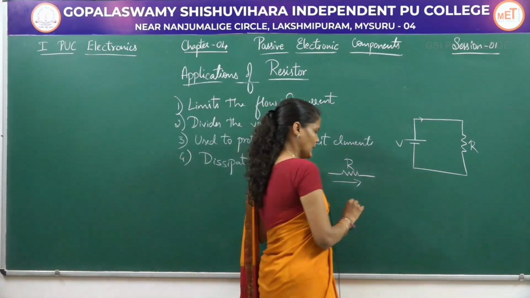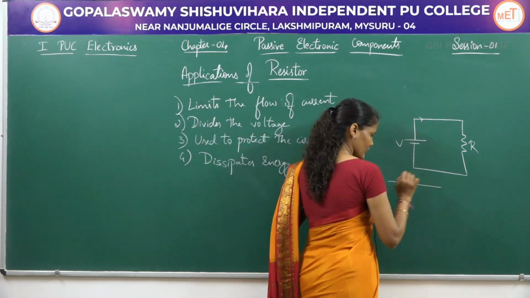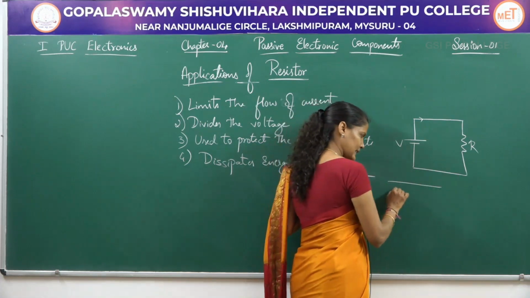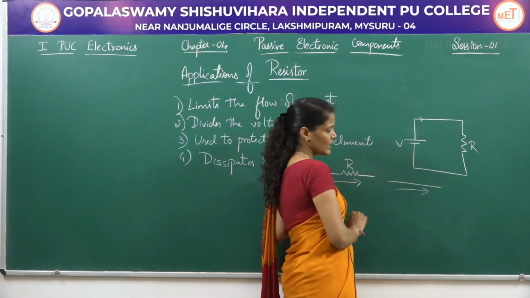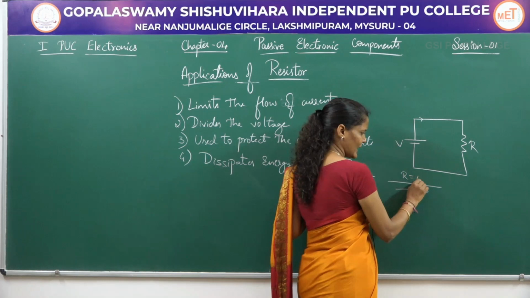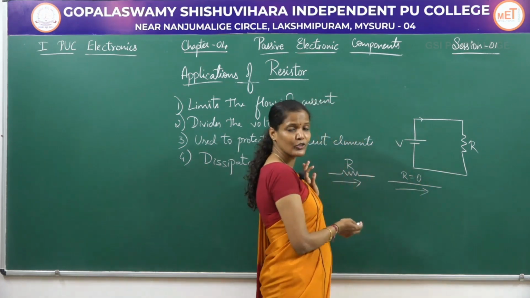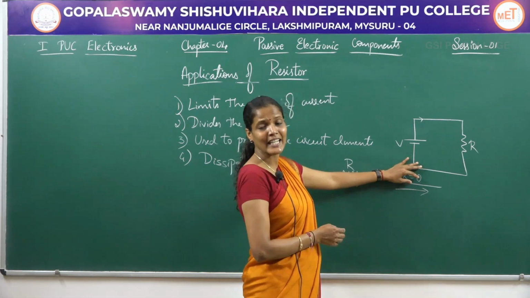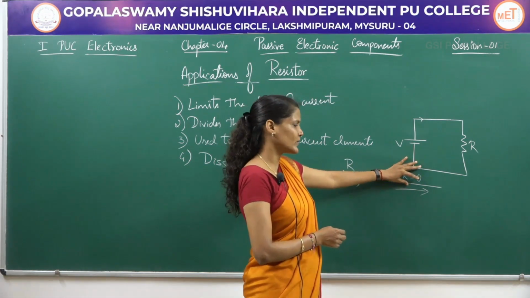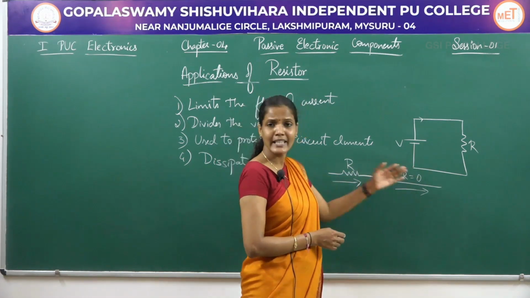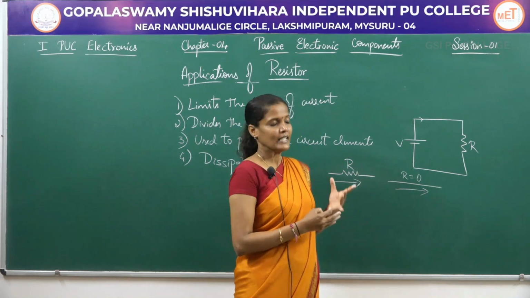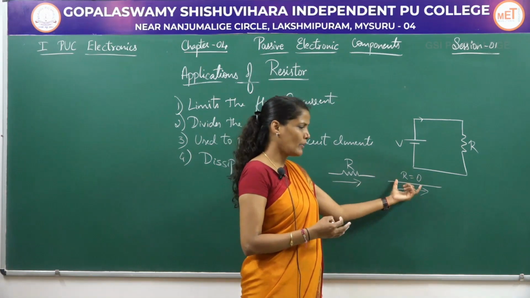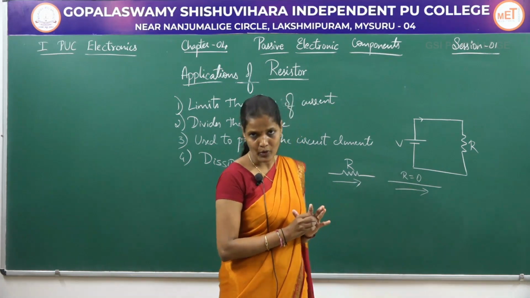If a wire is not having any kind of resistor, the current can easily flow over them. So here I am not having any kind of resistor, that is R is equal to 0 here. So if resistor is not present in any of the branch or in any of the circuit, the current can easily flow because there is no one component which is trying to oppose the flow of current.